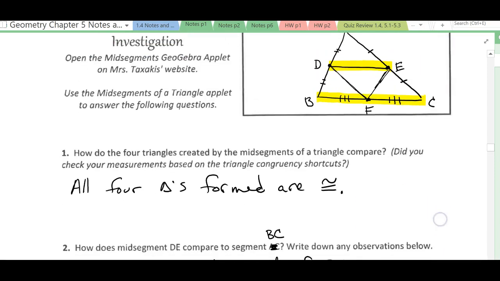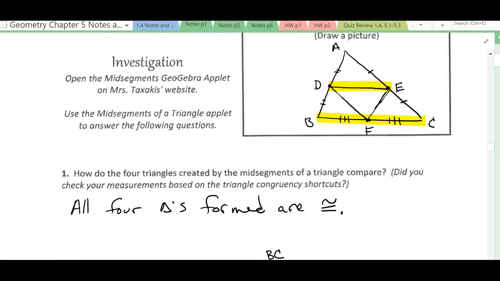All right, and that's going to be true for every midsegment. So if we look at midsegment EF, the one that goes in the same direction, my picture's a little bit off, but we can see here, EF is going to be half of AB, and DF is going to be half of AC.